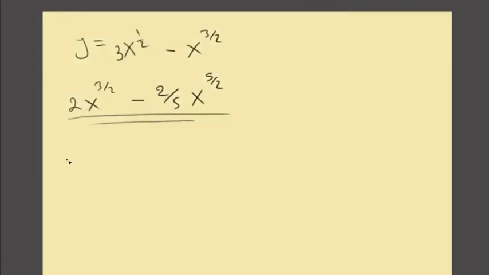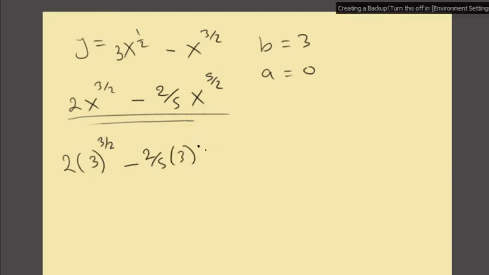Just to remind you, our B is equal to 3 and A is equal to 0. So we begin with B first, and then we go to A. So we do 2, open brackets, 3, close brackets, to the power of 3 over 2, minus 2 over 5, open brackets, 3, to the power of 5 over 2.